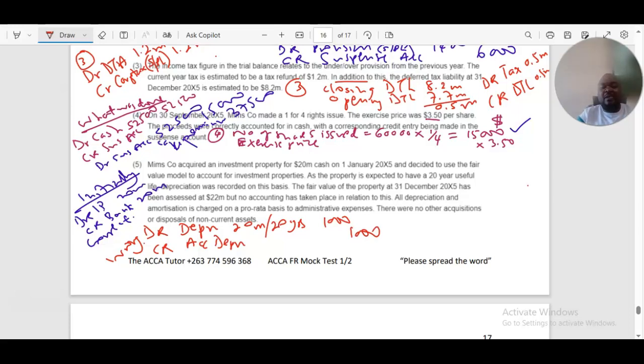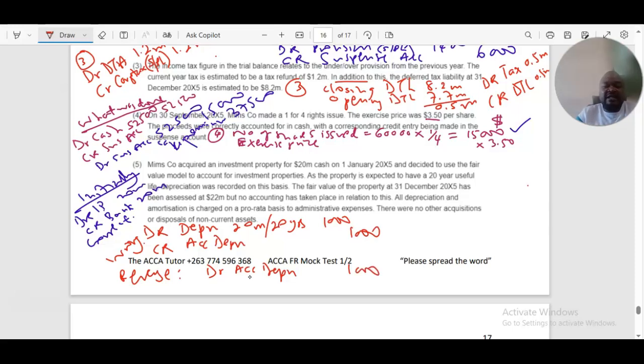So what are we going to do? We need to reverse this. Let's first reverse this. We are going to debit the accumulated depreciation account 1,000 because we want to reverse.